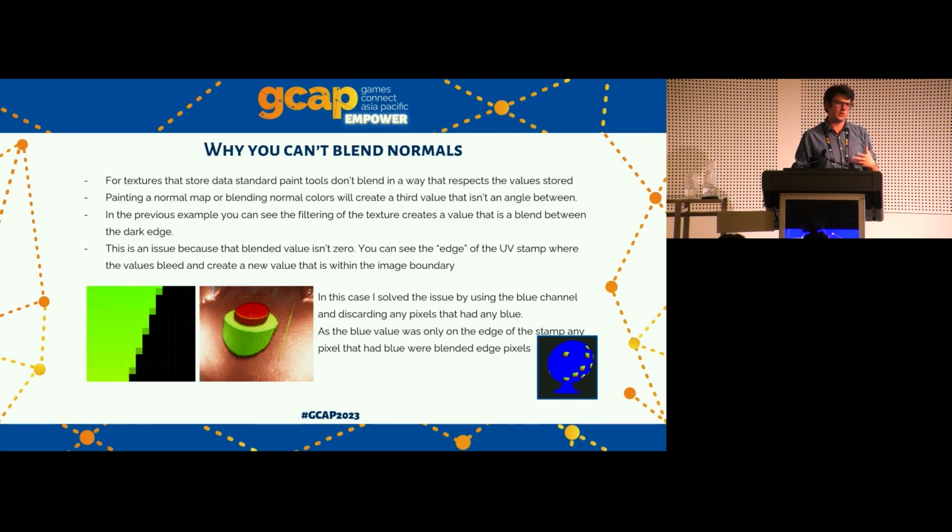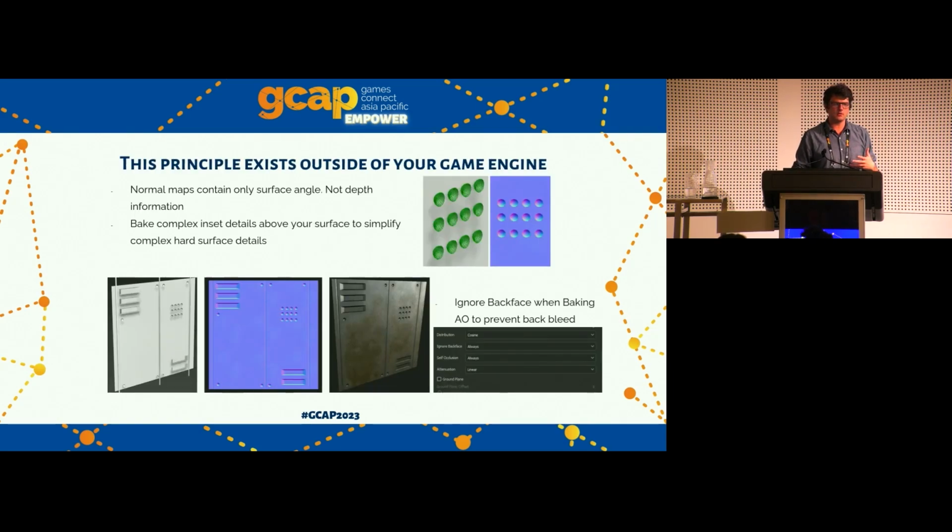And this actually also really applies to your baking software. A really fun one is a very old-fashioned technique: a lot of people don't realize that normal maps and a lot of mapping technology is only actually storing relative information, not all information associated with it. Your details on the surface of your model do not need to actually be embedded in the surface.